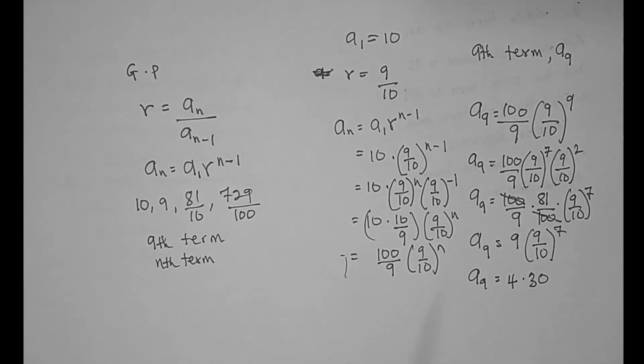So A9 is equal to... 4.30. So let's talk about the sum of a geometric sequence. The formula Sn for the sum of a geometric sequence is A1, which is the first term, times 1 minus the common ratio r exponent n, all of that divided by 1 minus r.